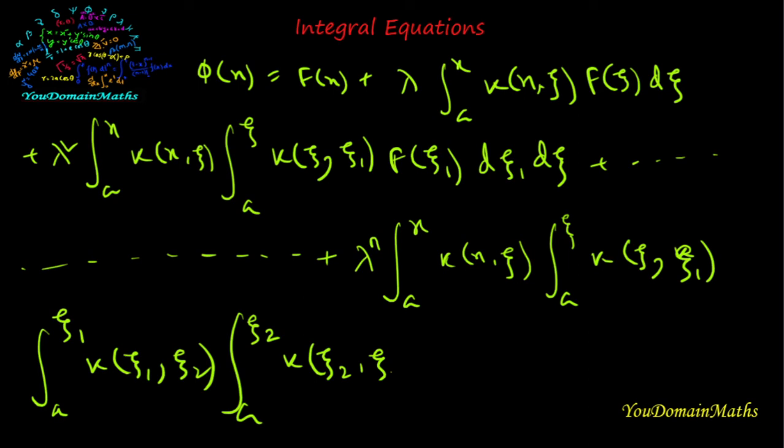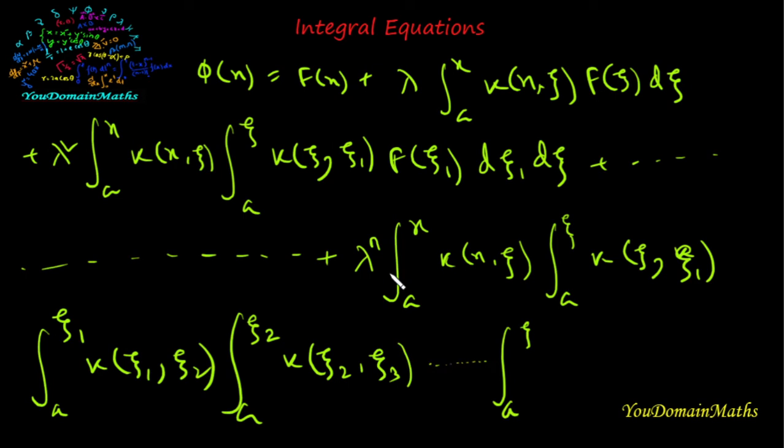Now this is xi3, and so the last integral, that means a to xi n minus 2, since there is a power n.